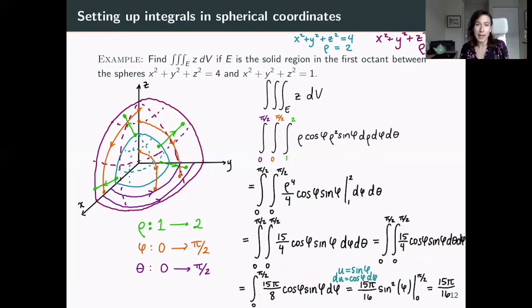And after that u substitution, we end up with 15 pi over 16 times sine squared of phi, evaluated from 0 to pi over 2, which in total gives me a value of 15 pi over 16 for the value of this triple integral over my region E.